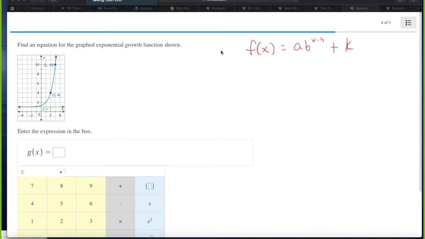I didn't even mean to match colors there. So the asymptote is y equals 1, so our k is going to be equal to 1. That's not too bad, right? So now we've got our 2 reference points that we can use to figure out the rest of these.